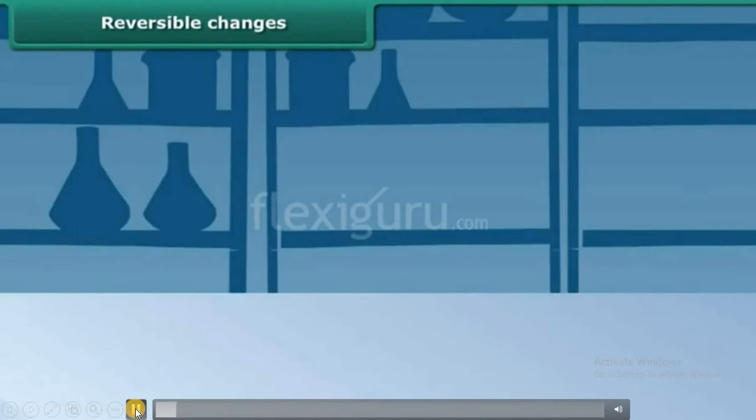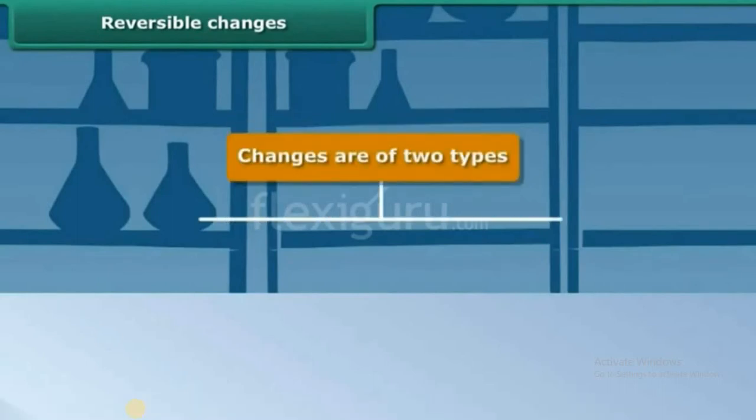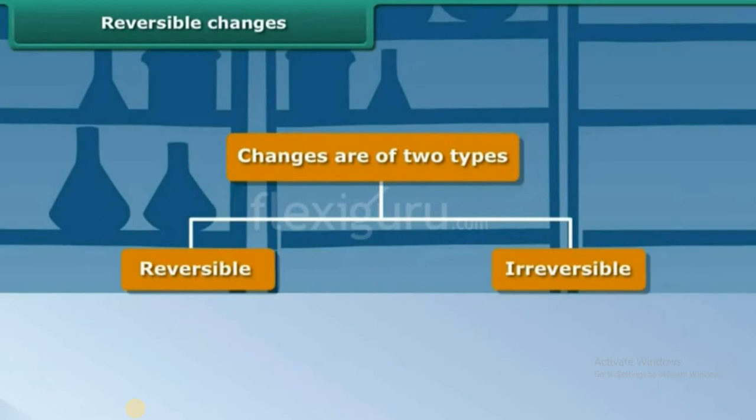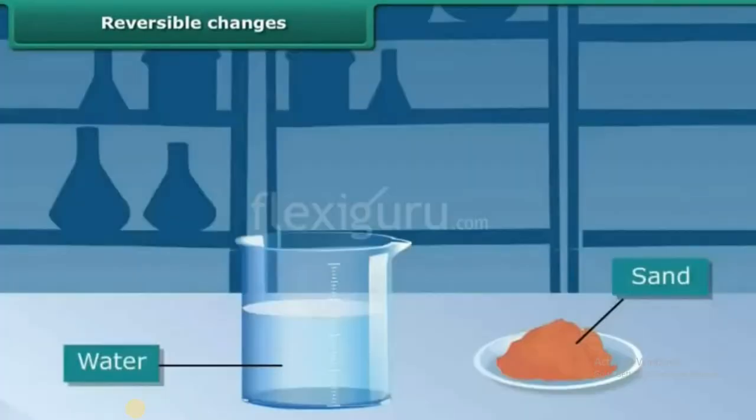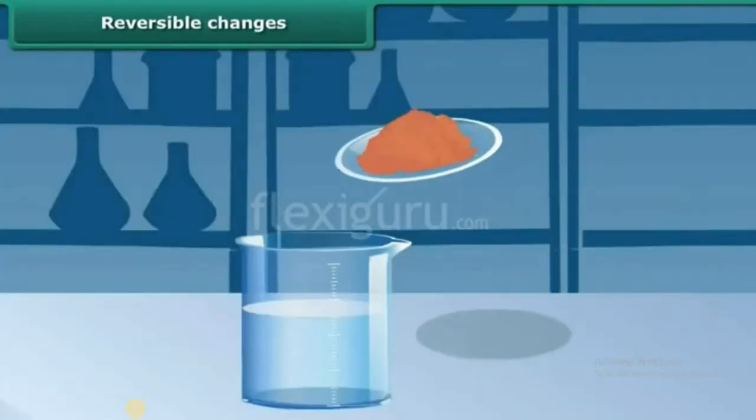Let's watch this video about reversible and irreversible changes. Reversible changes. Changes are of two types, reversible and irreversible. Changes that can be reverted to their original state are reversible changes. Let's try this.